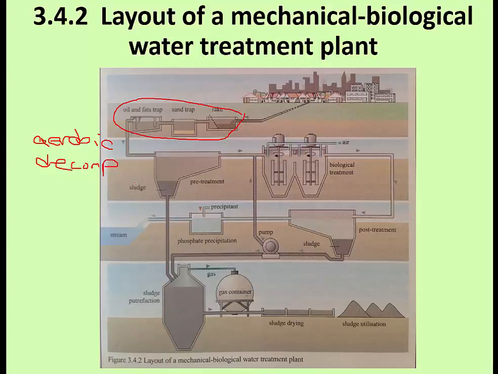In aerobic decomposition, you're relying on bacteria that use oxygen to start breaking things down. So bacterial forms start breaking down that organic material, and you get what is known as biomass that forms. This is in the form of what we call activated sludge right here.